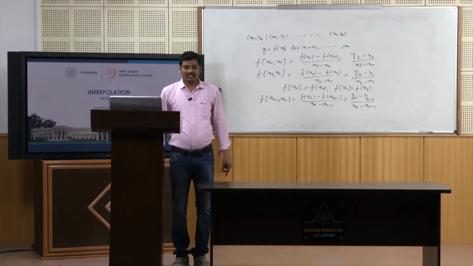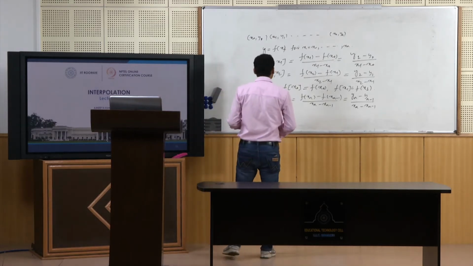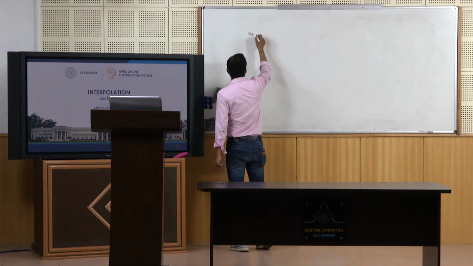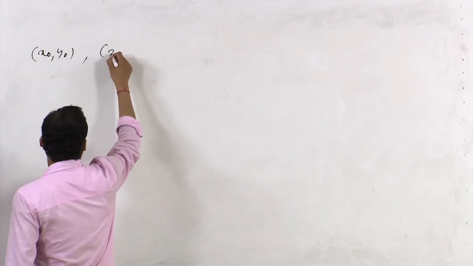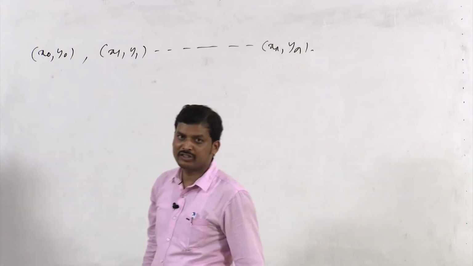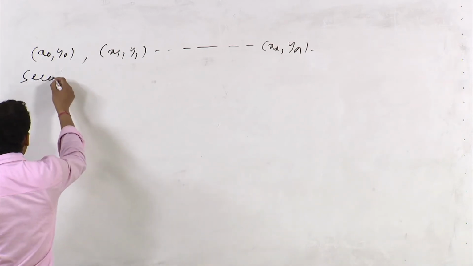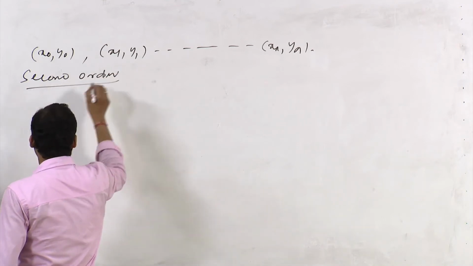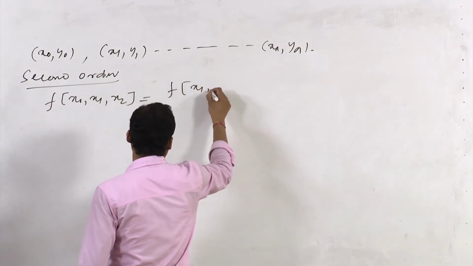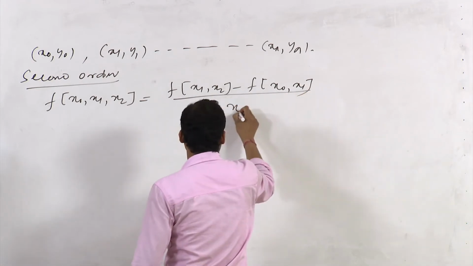These are all called first order divided differences. If we go for second order divided differences, especially if the points are placed at x0, y0, x1, y1 up to xn, yn, and we consider 3 points at a time, suppose x0, x1 and x2, we can write the second order divided difference f of x0, x1, x2 as f of x1, x2 minus f of x0, x1 divided by x2 minus x0.